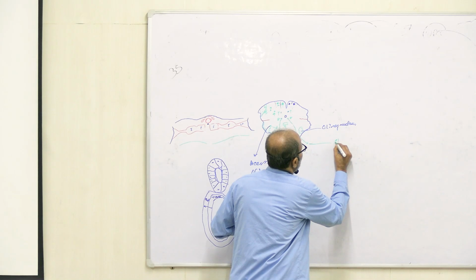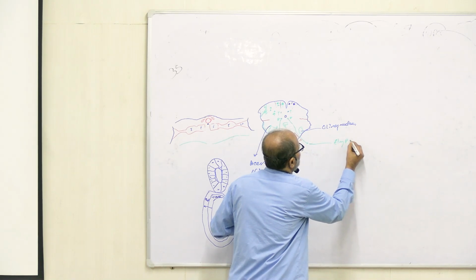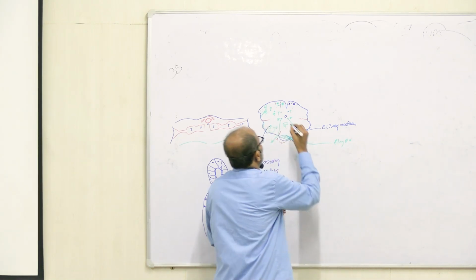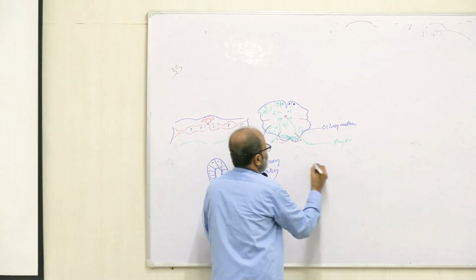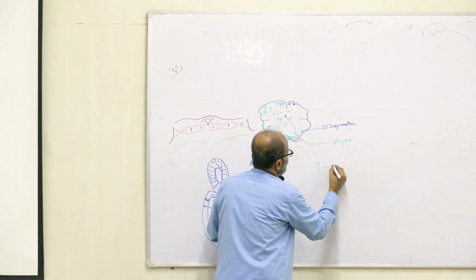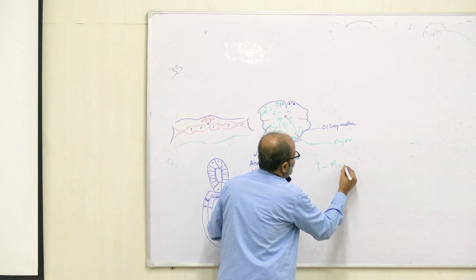this is the hypoglossal nerve, this is its nucleus. Number 9 is the medial lemniscus.